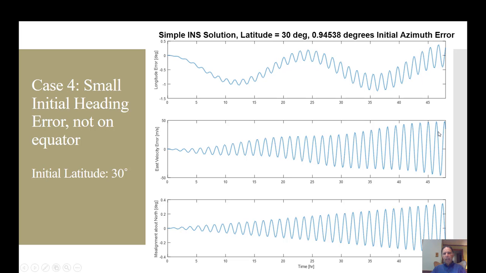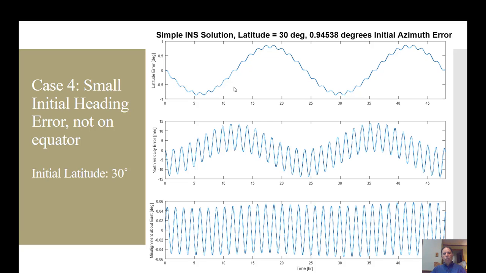They're quite evident here, and they are growing very large for this fairly large case of initial heading errors. As I say, you wouldn't normally have such large heading errors, nor would you normally have unbounded Schuler oscillations, because one would implement velocity damping or velocity aiding to help contain or bound these Schuler oscillations in normal operation.